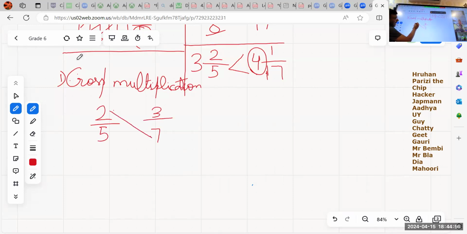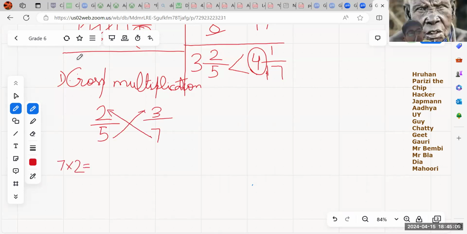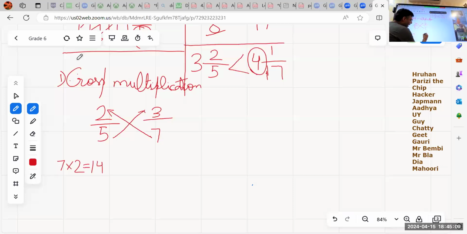we multiply like this. पहले मैं 7 into 2 से multiply करूंगा. What will I get, guys? 14. Then मैं 5 into 3 से 15 करूंगा. What will I get? 15.